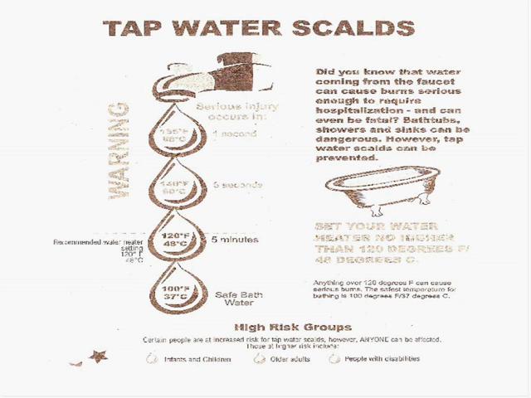You can see that at 155 degrees, which is the top one, you could have a serious burn injury in 1 second. So basically, all the recommendations from all the manufacturers are to set your water heater no higher than 120 degrees, so 48 degrees centigrade.